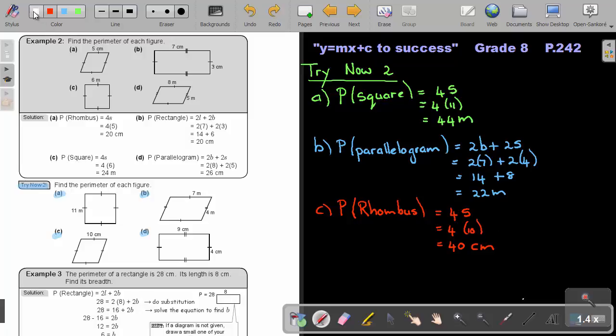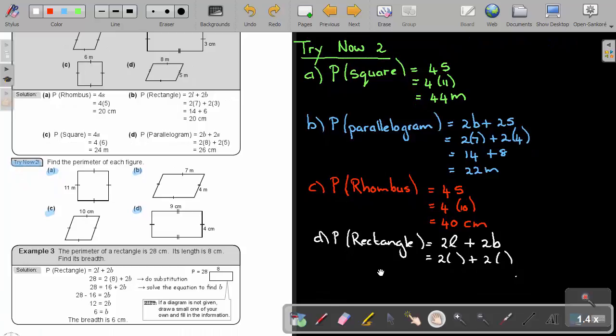And then the final one will be number D, and that's going to be a rectangle. First, write down the formula. Formula of a rectangle is 2 length plus 2 breadth. Okay, and now again, do your brackets. And then in the place of the length, you will put that 9.